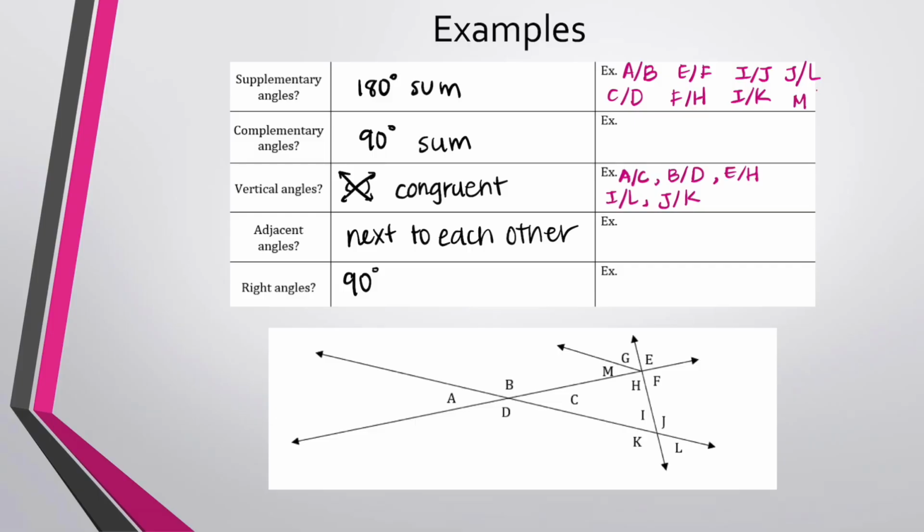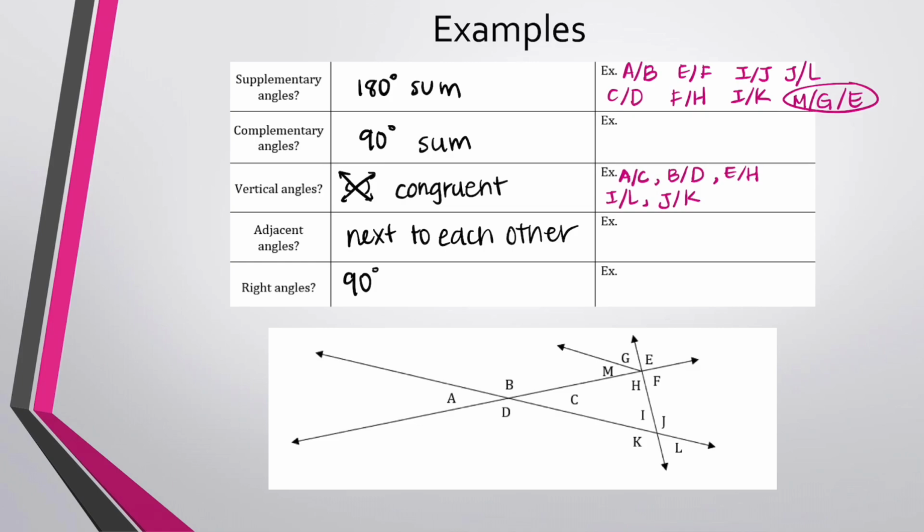We could also say M and G and E. That's also allowed, but you'd have to say all of them add up to 180 degrees. It's not a pair in this case. So that's kind of like an iffy one. If your teacher is just looking for angle pairs, I wouldn't include it.